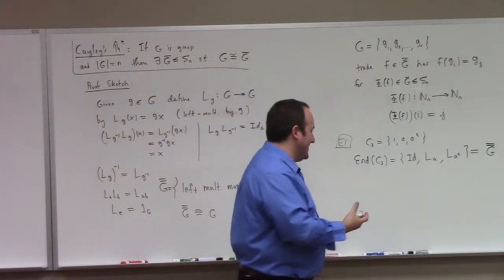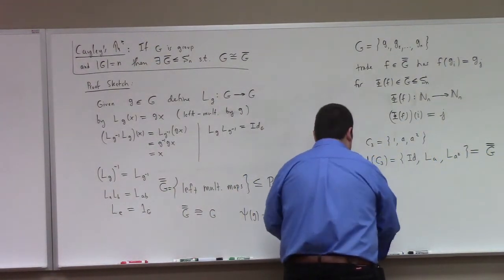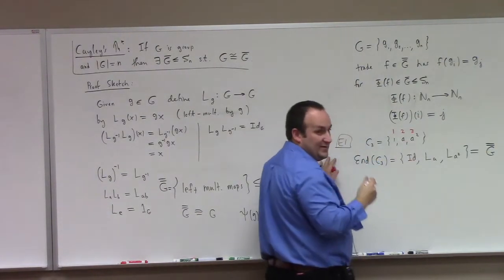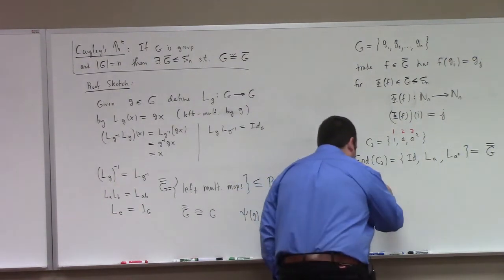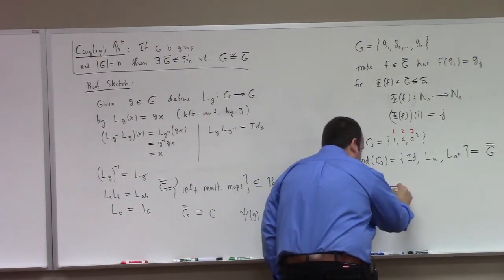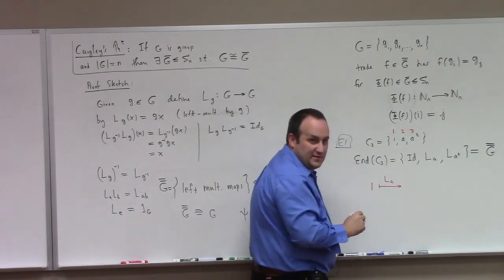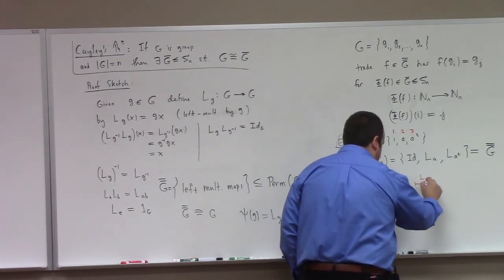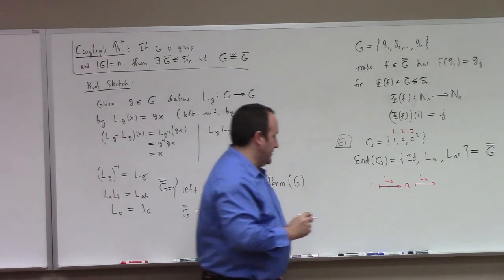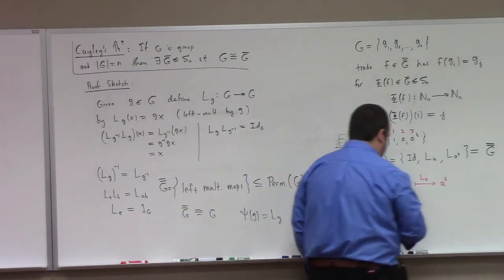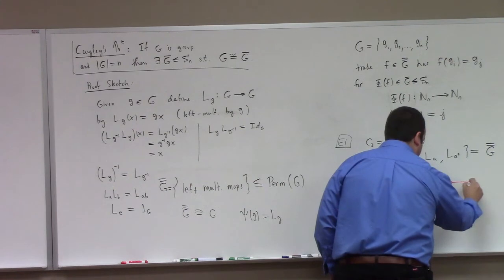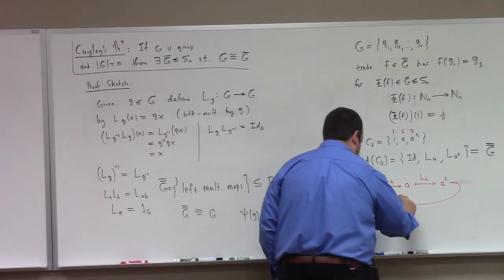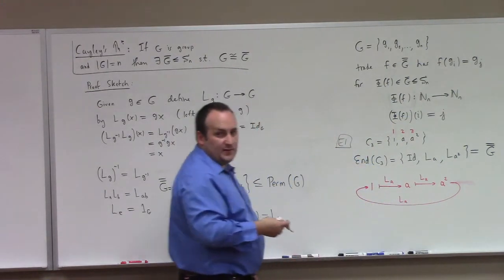Okay, so here's the idea. This is the first thing, this is the second thing, this is the third thing, right? So if I start with 1 and do LA on it, what does it take me to? 1 left multiplies to A. Left multiply again, A squared. Left multiply again, we're back where we started, because a cubed is 1.